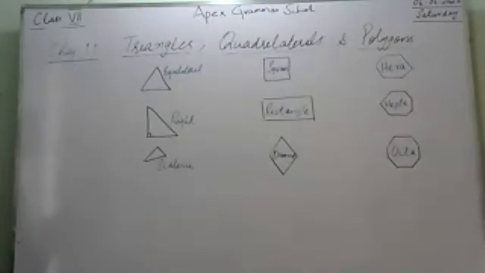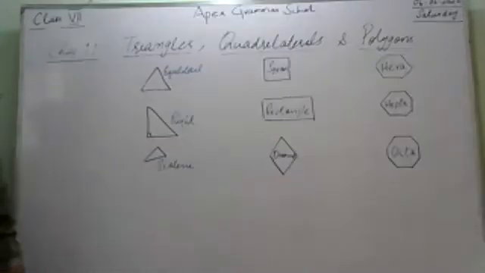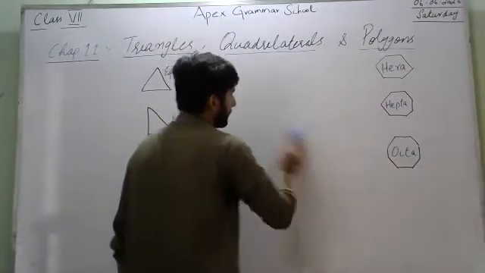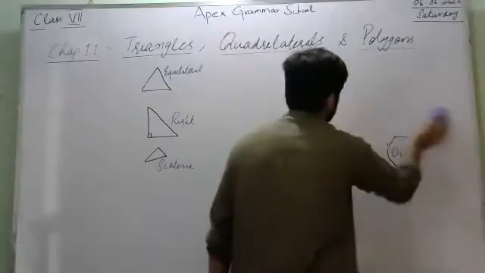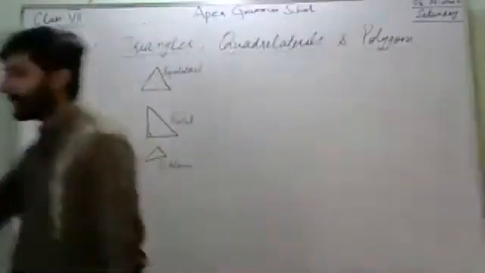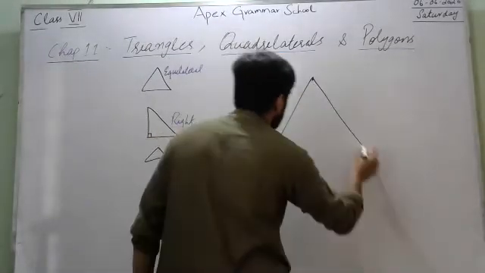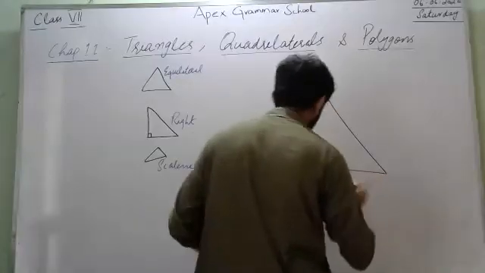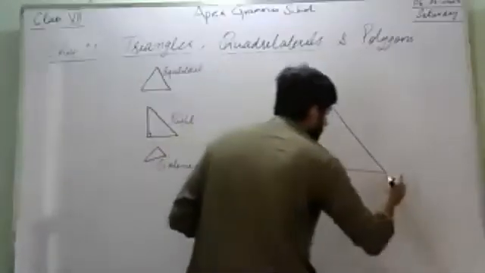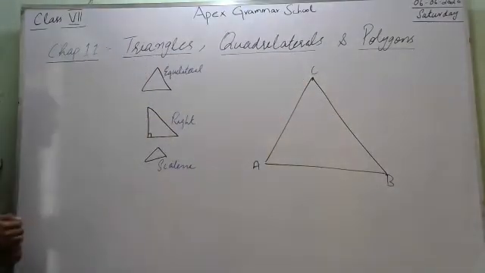Now today's topic is to distinguish triangle and its different types. Let's move on. Triangle means a figure having three sides.